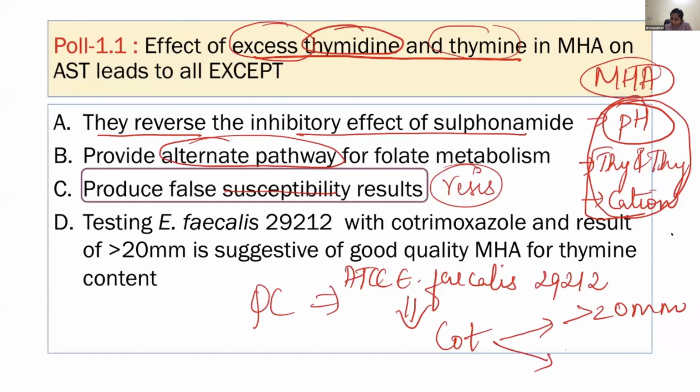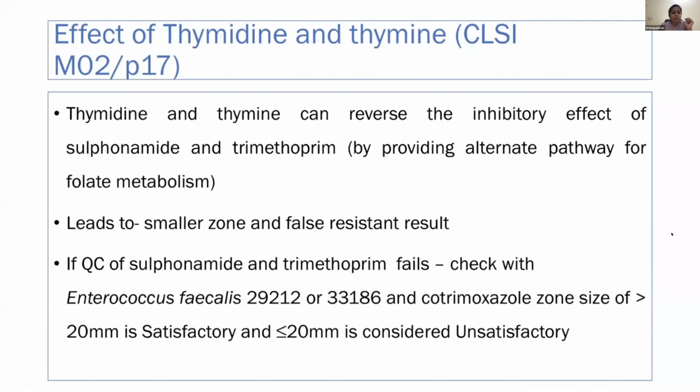Suppose it is less than or equal to 20 mm, you repeat the test again, and if it is the same, then you have to exchange that batch of media with the manufacturer or the dealer. Please note that every time a Muller-Hinton agar is prepared, you check the pH every time. If you're doing daily preparation, you have to check it daily, and also look for adequate thymine and thymidine content.